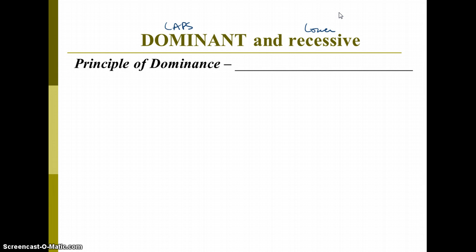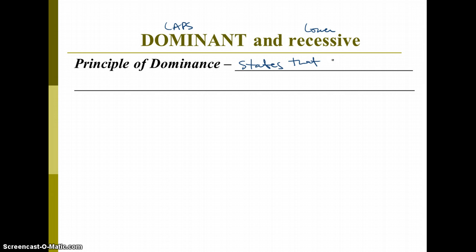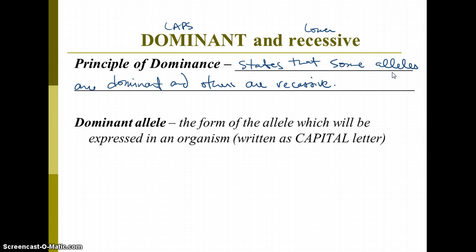So the principle of dominance basically states that some alleles are dominant and others are recessive. We haven't really talked about what dominant and recessive mean, but here it is.